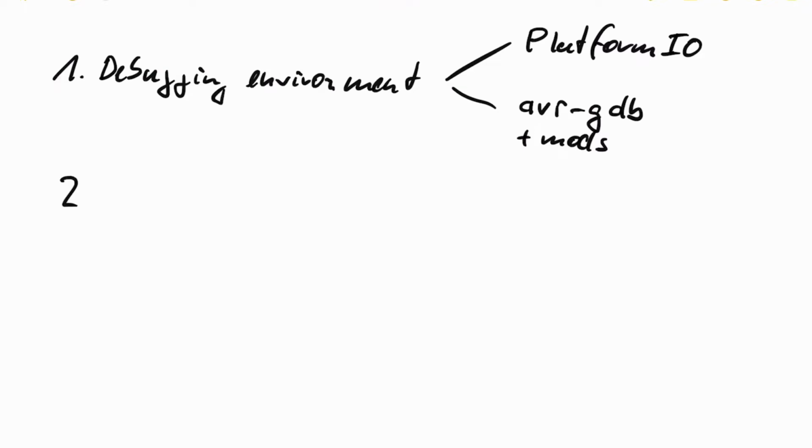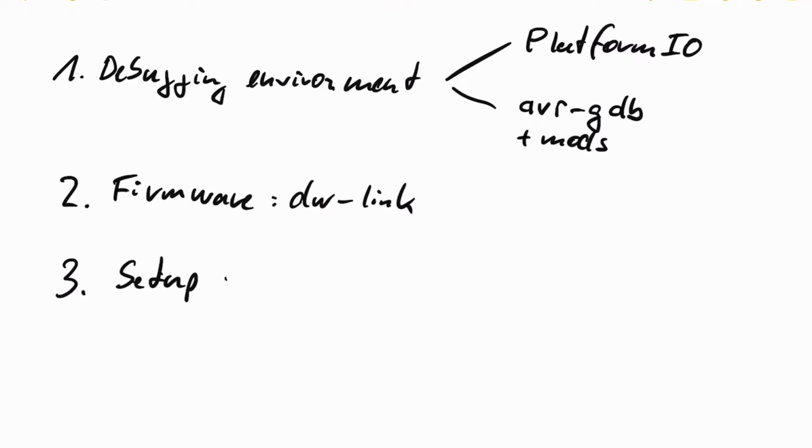Second step is, well, we have to get hold of the firmware and download it and then install it on our hardware debugger. Third, we then have to set up the hardware, which means that we have to connect the hardware debugger to the target, and we also have to do some modifications on the target, perhaps. Well, and fourth, then we can start to debug. And that's all. So 4 easy steps.